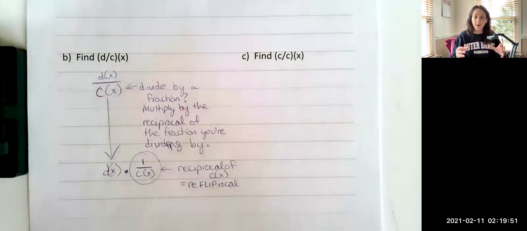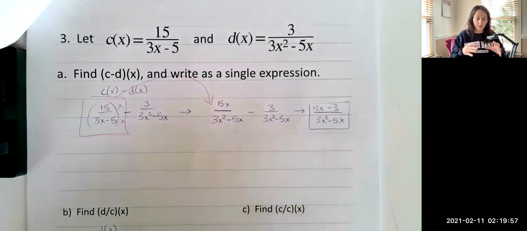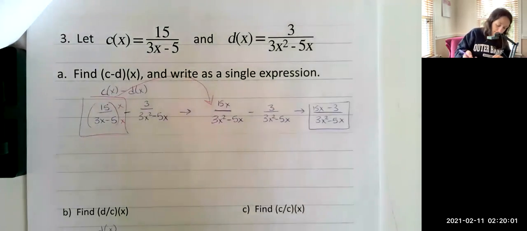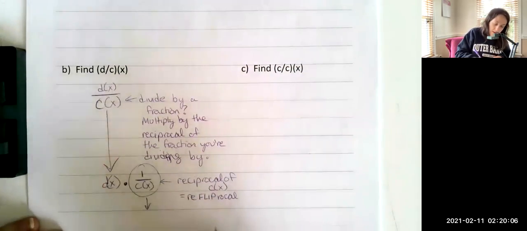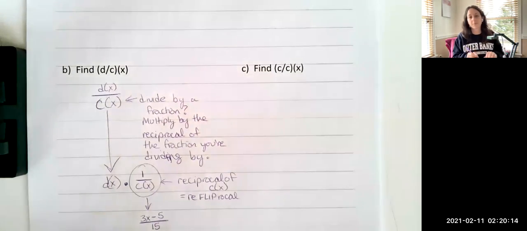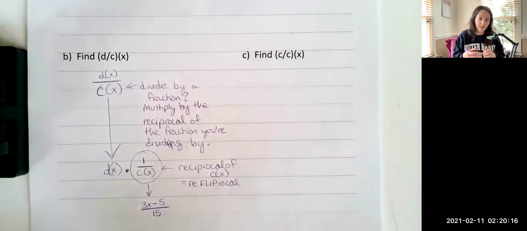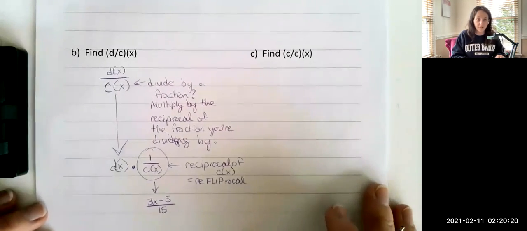So here come the actual fractions themselves. I'm going to scroll back up again really quick. Here's C, 15 over 3x minus 5. That's going to be now 3x minus 5 all over 15. Okay, that is the flip of C. That's the reciprocal. C has been flipped upside down.